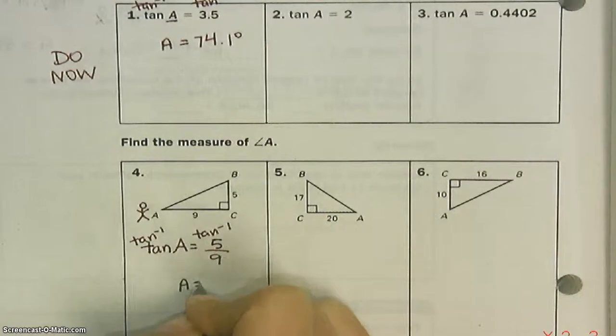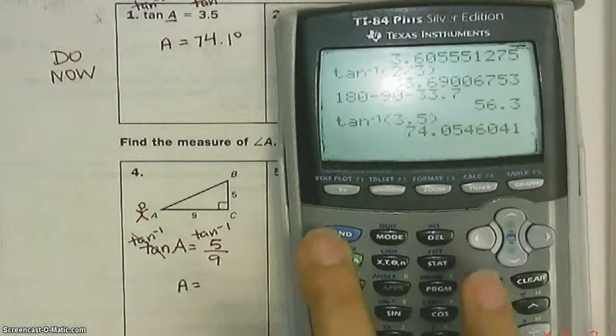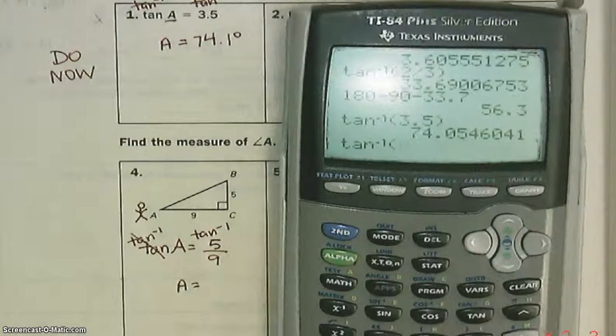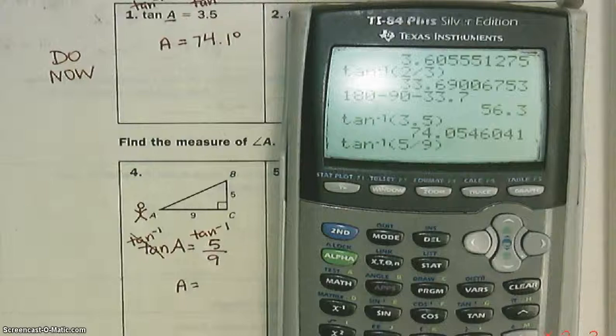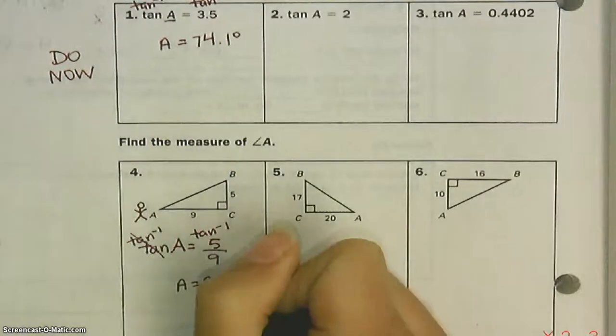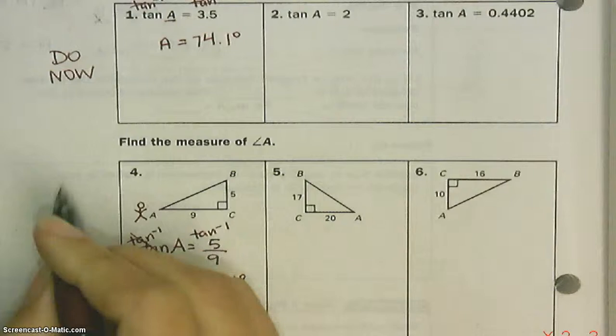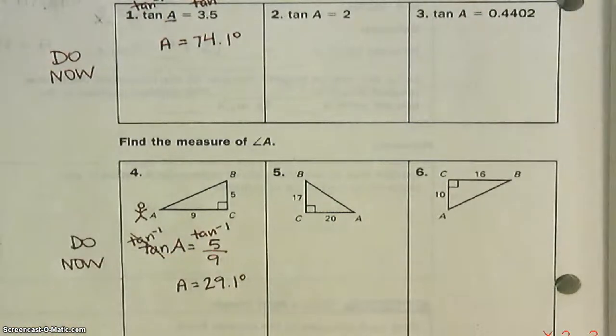A is equal to, because these are going to cancel, the inverse tangent of 5 divided by 9. 29.1 degrees. Please go ahead and do those now.